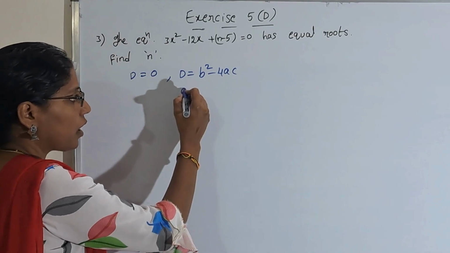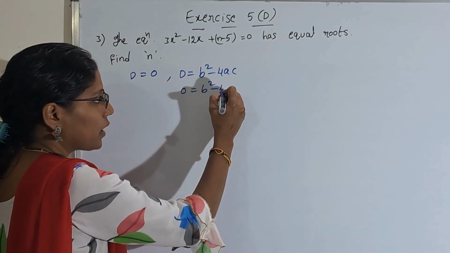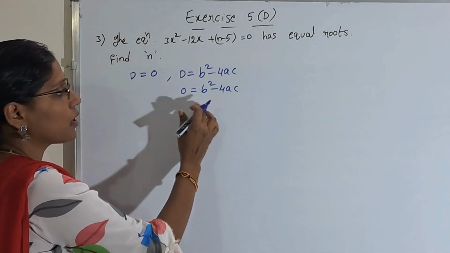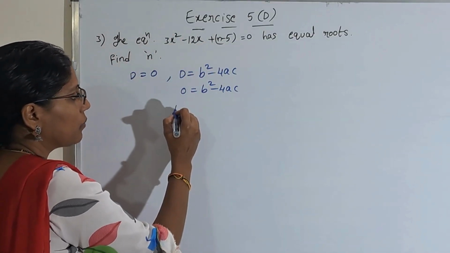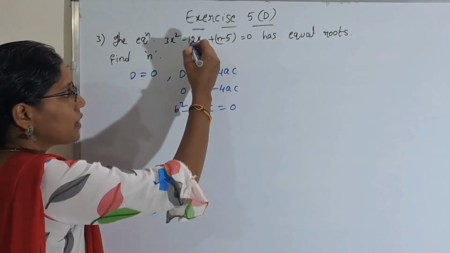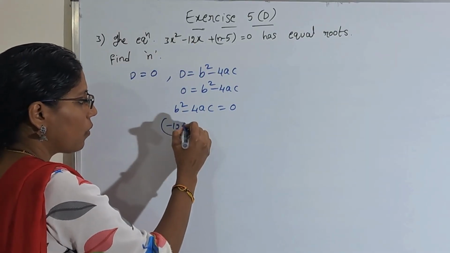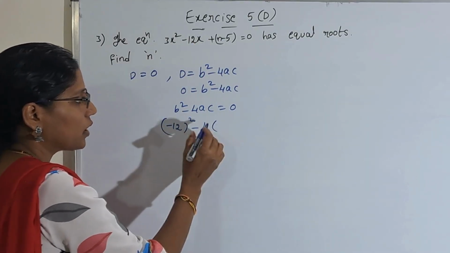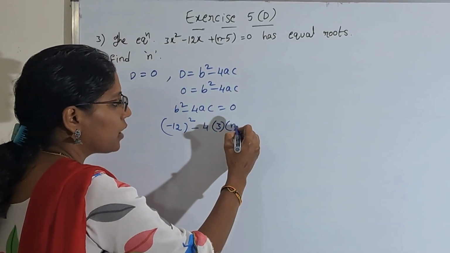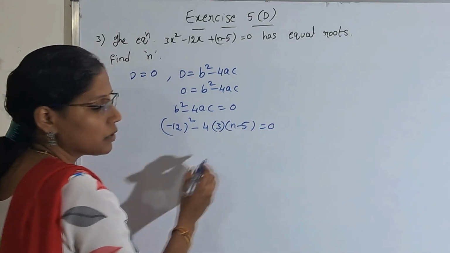D value 0 we have to substitute. Here b square minus 4ac equal to 0. b value is minus 12 whole square minus 4 into a value 3, c value is n minus 5, equal to 0.